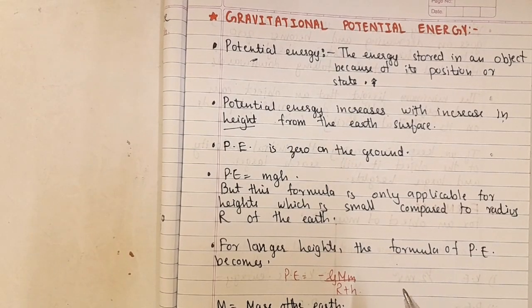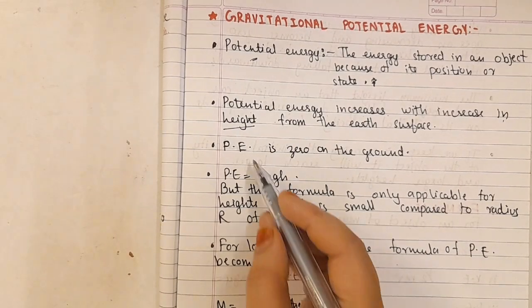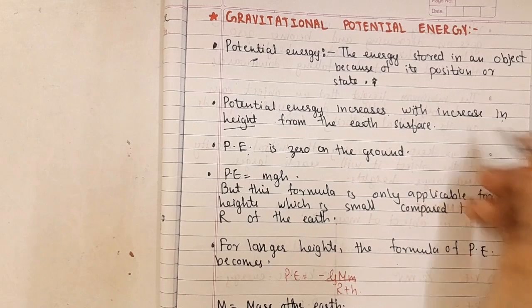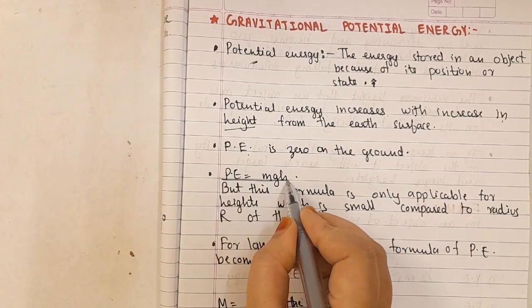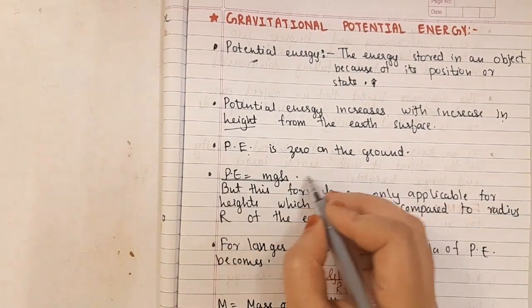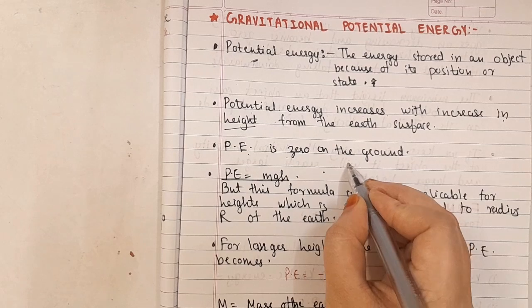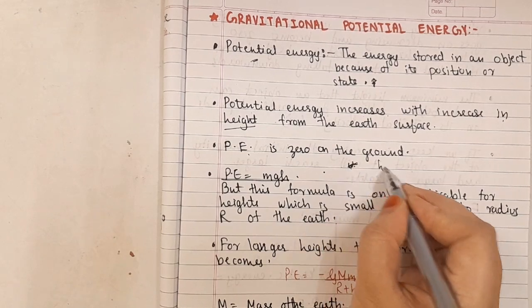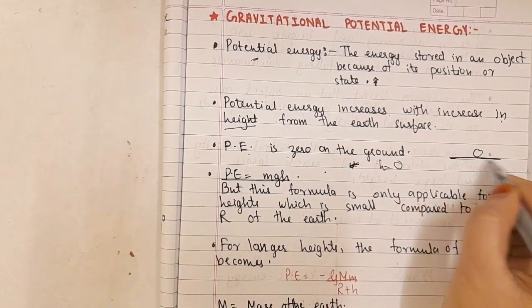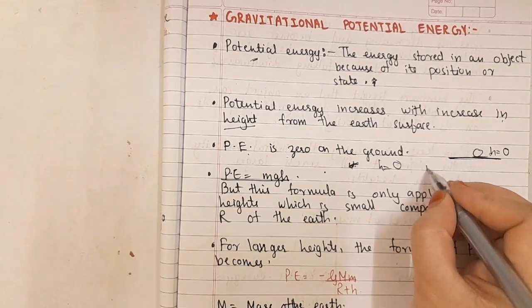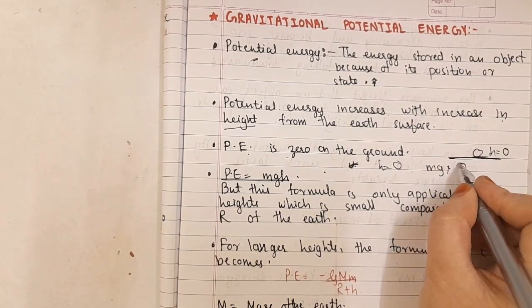It means as height increases, potential energy will increase, and potential energy is 0 on the ground. Now first of all, the formula of potential energy is mgh, okay. So at the ground, height is 0, and here h is equal to 0, so potential energy is also 0.